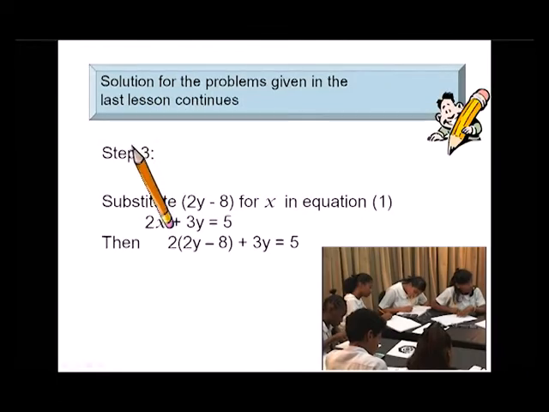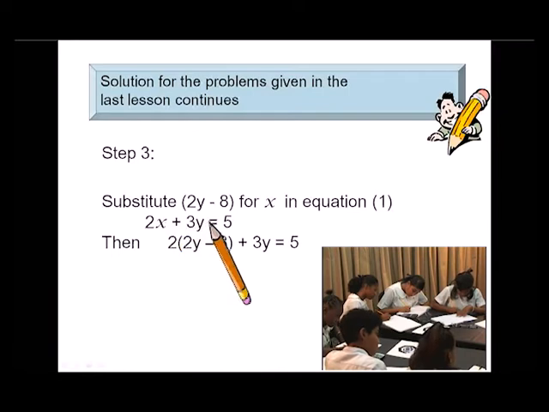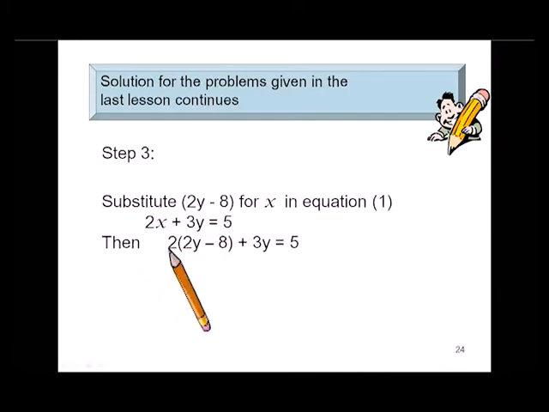Step 3. Substitute 2y, take 8 for x in equation 1, 2x plus 3y equals 5. Then 2 into (2y, take 8) plus 3y equals 5.